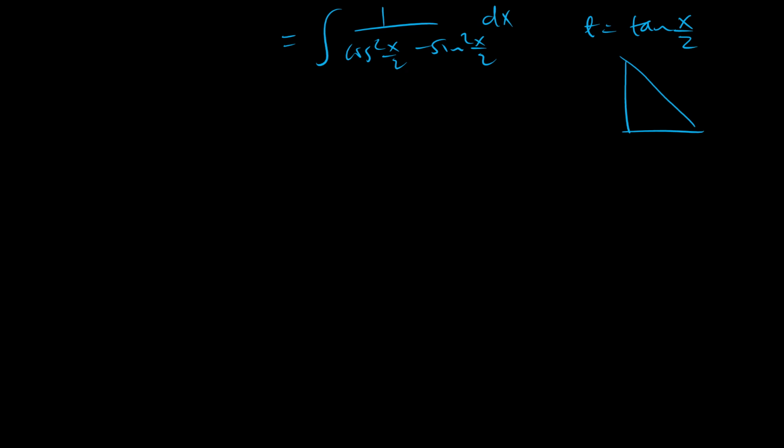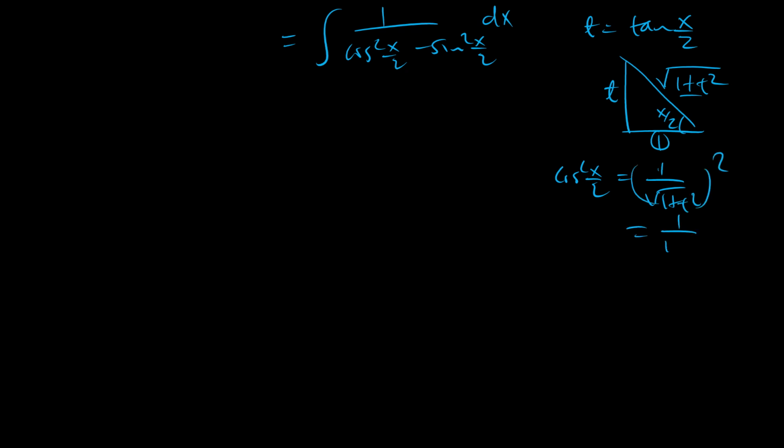If we draw a triangle here, and the angle is x over 2, since tangent is opposite over adjacent, t over 1, and so the hypotenuse is square root of 1 plus t squared, such that cosine squared x over 2 is equal to this over this, which is 1 over square root of 1 plus t squared, all squared, which is 1 over 1 plus t squared. And sine squared x over 2 is the same as t squared over 1 plus t squared.